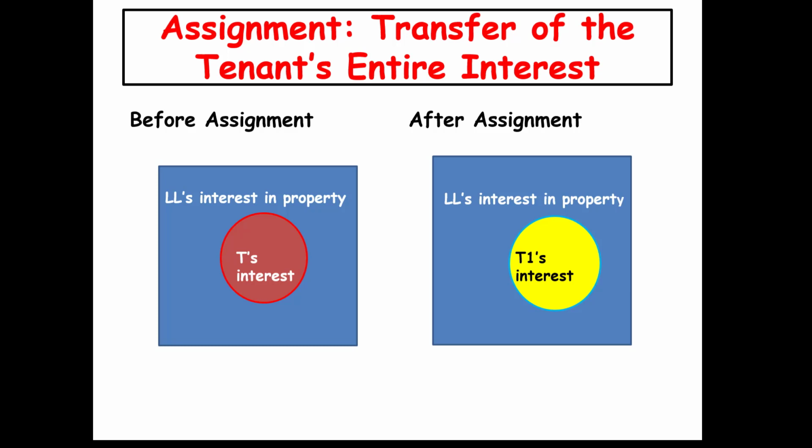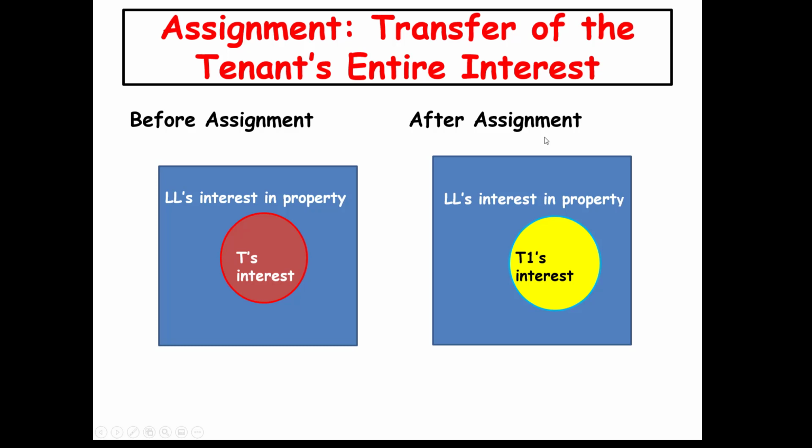Privity of estate is created by possession of the leasehold interest. There's also privity of contract between the landlord and the tenant, and that is manifest in the lease itself, the written agreement that is both a conveyance and a contract between the landlord and the tenant.